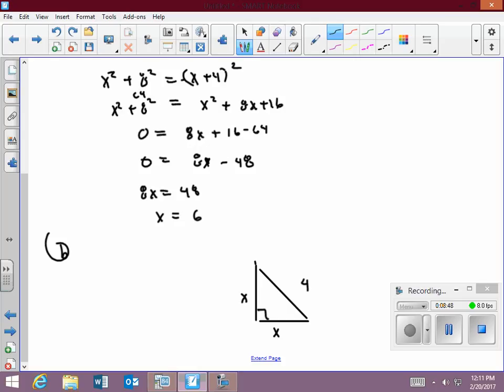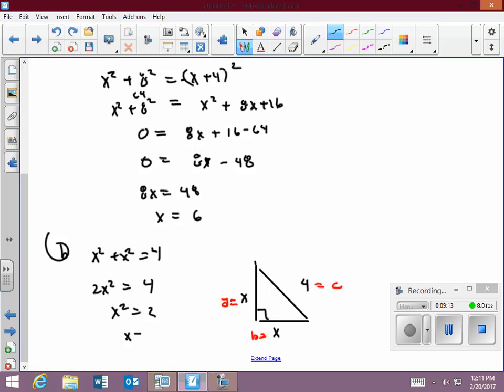So A and B are both x, and C equals 4. So you have x squared plus x squared equals 4 squared, 2x squared equals 16, and x squared equals 8.